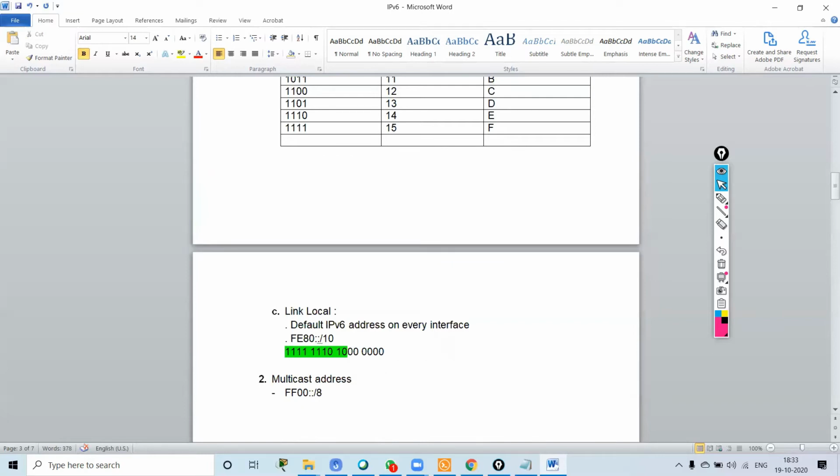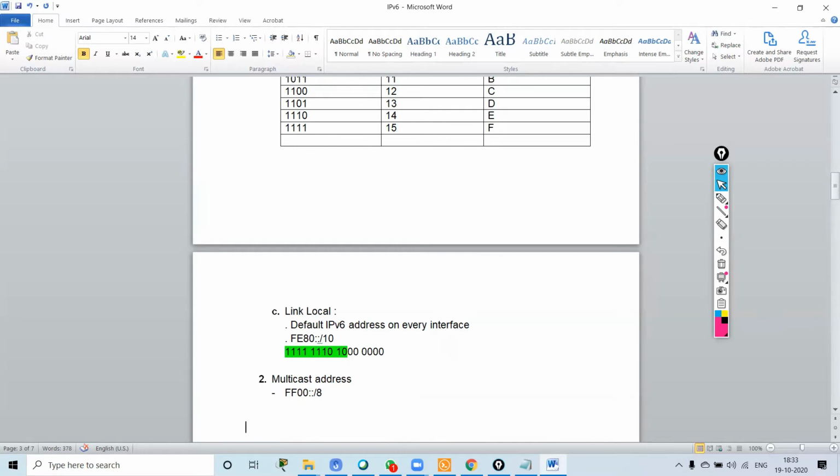Understood? Link local address, the first 10 bits will be always same. Routers do not forward packets with link local addresses.